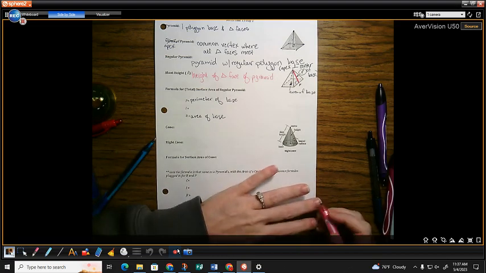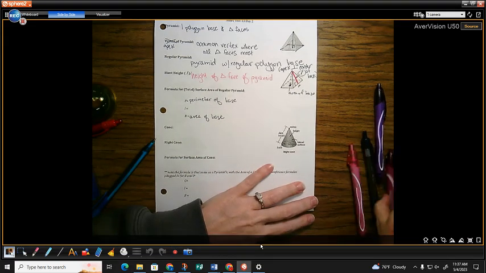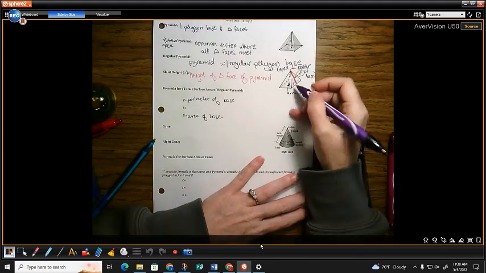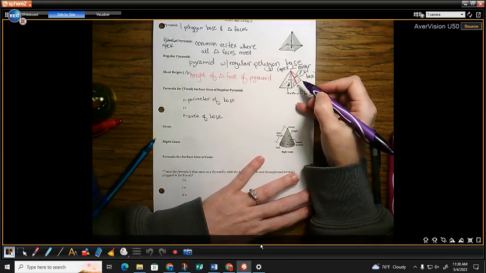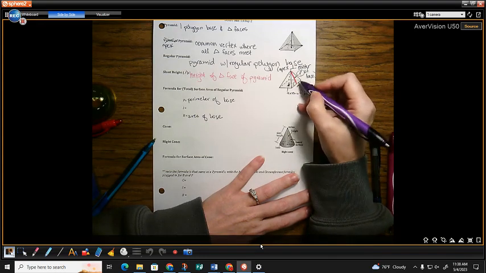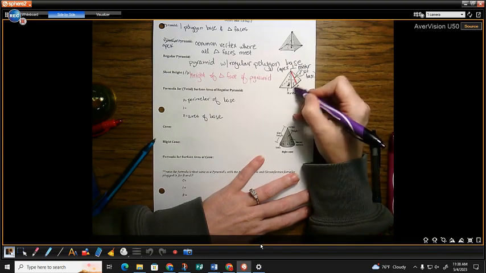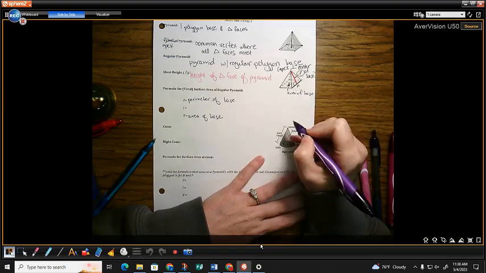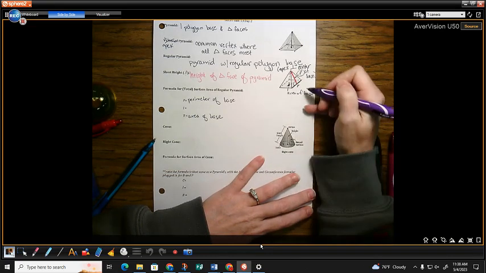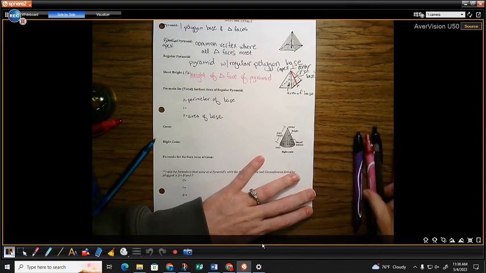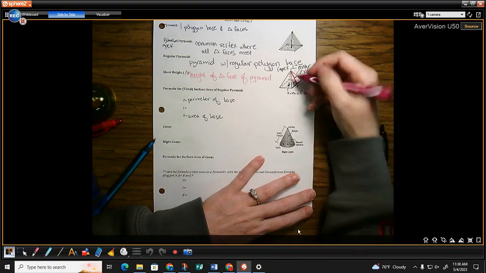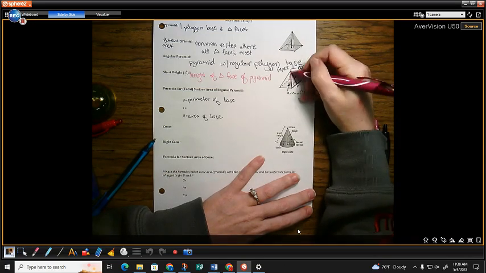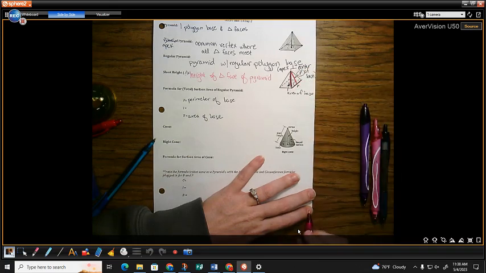But wait a minute. That slant height is always what? Perpendicular. That height is perpendicular to that edge of the pyramid, isn't it? Yes. Which makes what kind of triangle with this edge of the pyramid? Right.